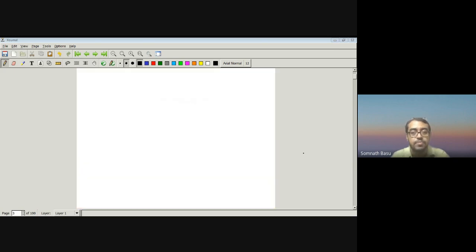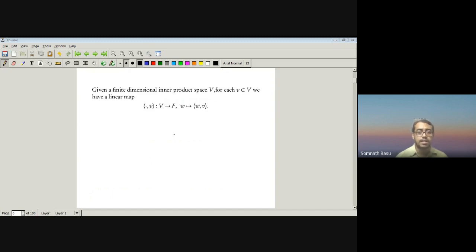So we have a finite dimensional inner product space V, and for each v, we have a linear map, this one. I'm choosing this particular map because it is going to help us conclude that it is linear.